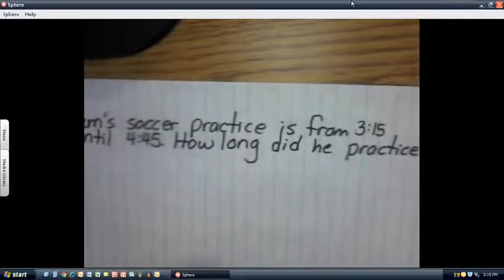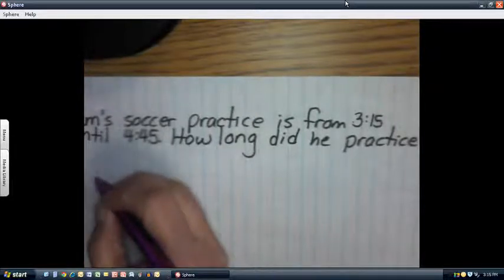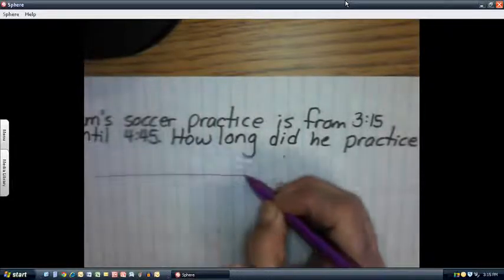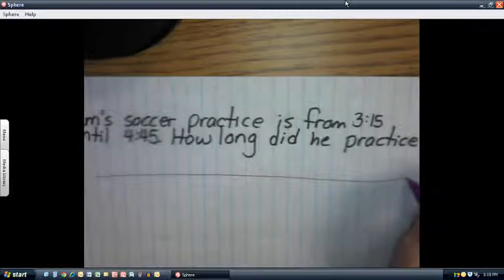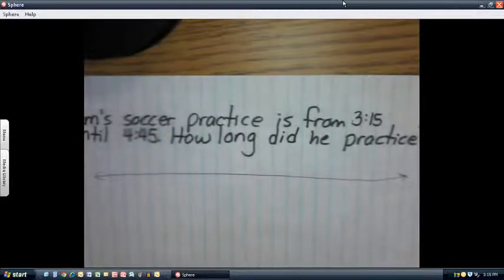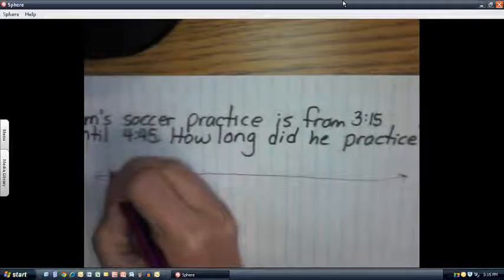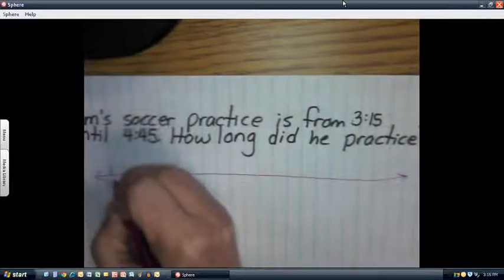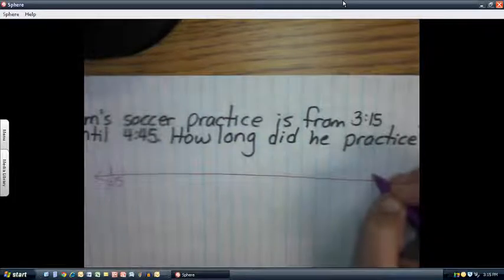And I'm going to use a timeline. And this is similar to the subtraction strategy that you might have learned last year. If I start at 3:15 and I want to go all the way until 4:45.